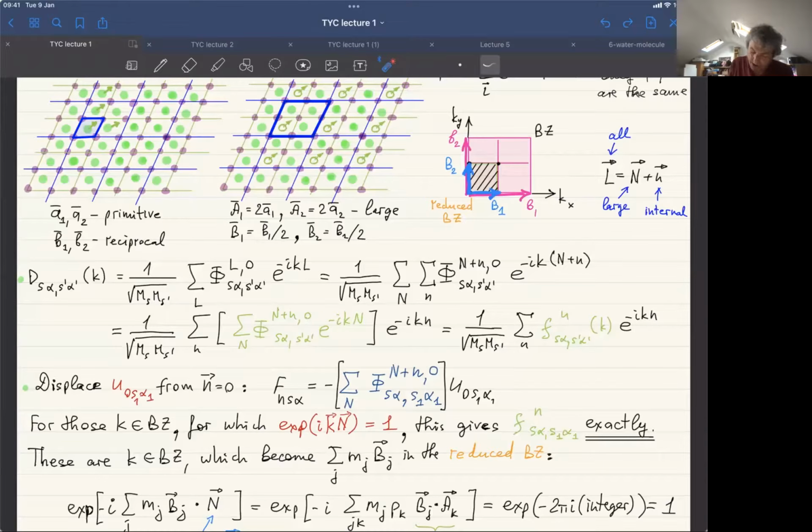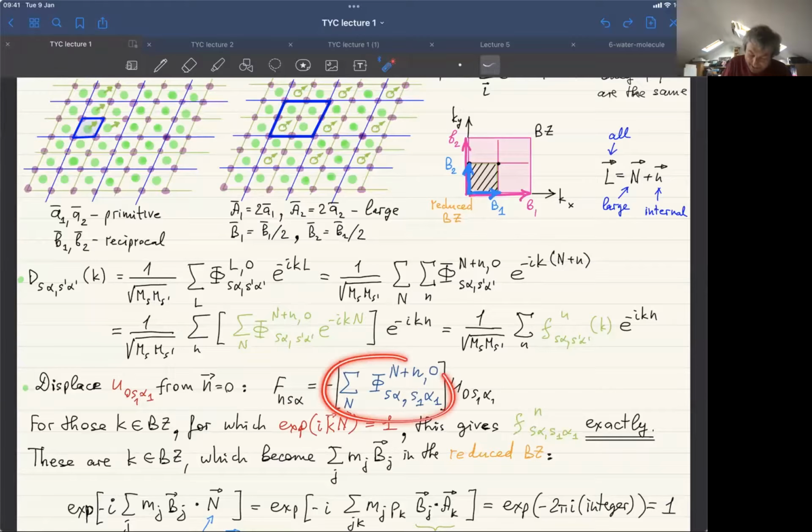So by knowing this displacement, because we move the atom manually, and knowing the forces on all atoms of my extended cell, I can work out this sum.